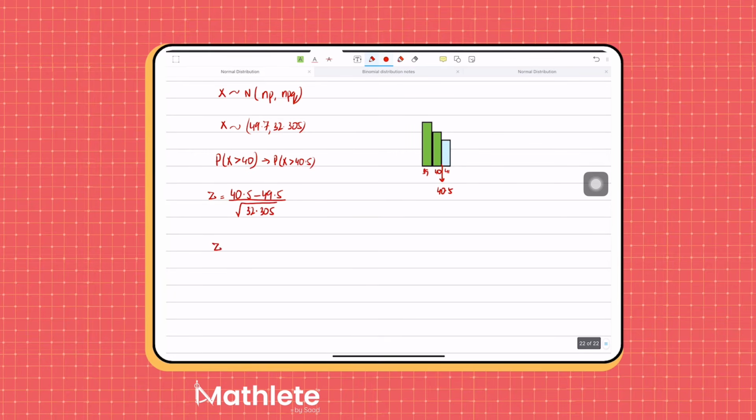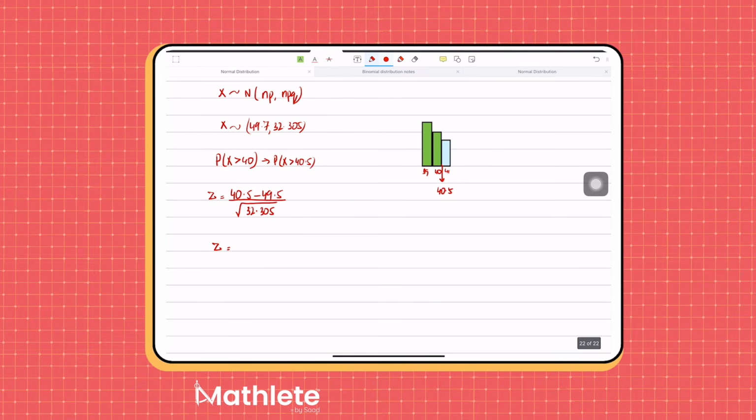The z score turns out to be, let's see, in the numerator we have 40.5 minus 49.5, in the denominator, square root of 32.305. So we're looking at minus 1.583. Just a minute, let me confirm.